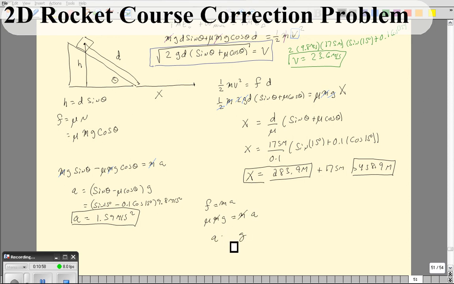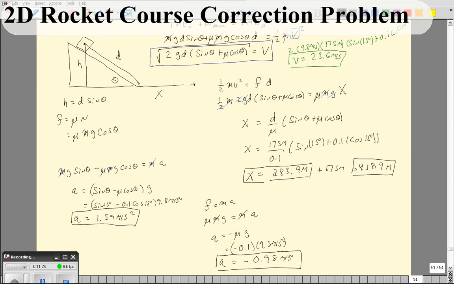Really your acceleration is going to be negative because the friction force opposes your motion, so we'll say negative mu g, and when you put in negative 0.1 times 9.8 meters per second squared, the math's easy, you get negative 0.98 meters per second squared. So you get a negative acceleration because you are slowing down.